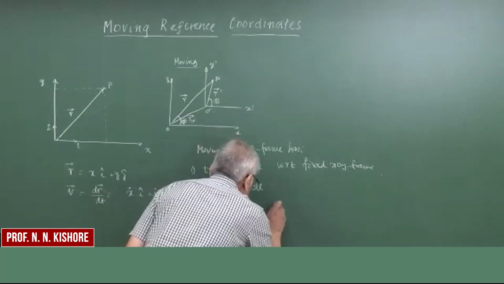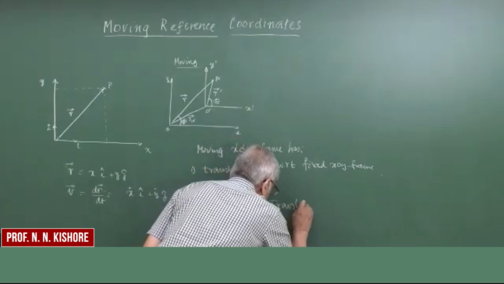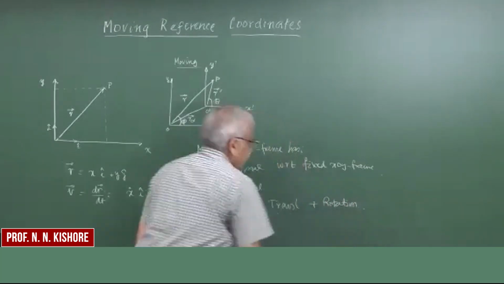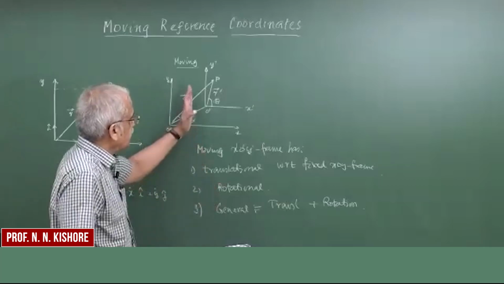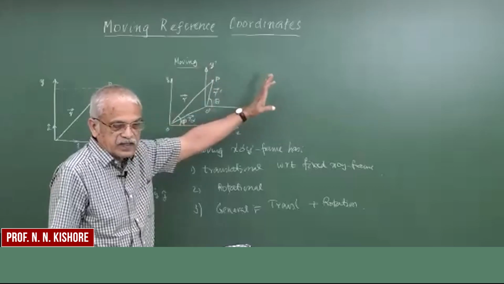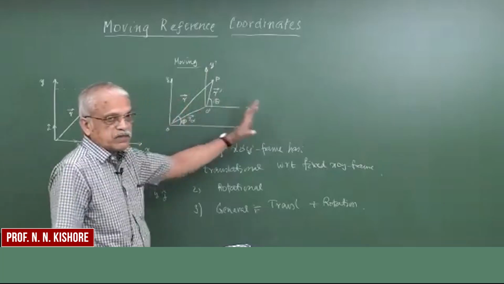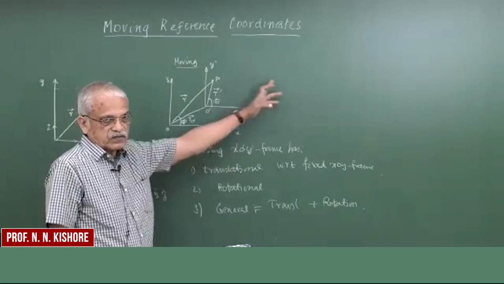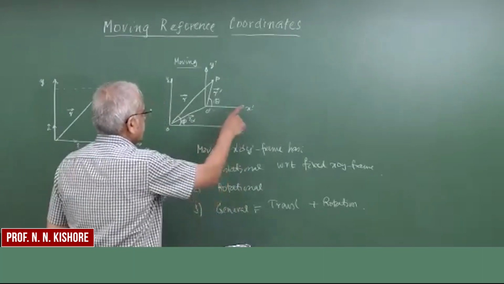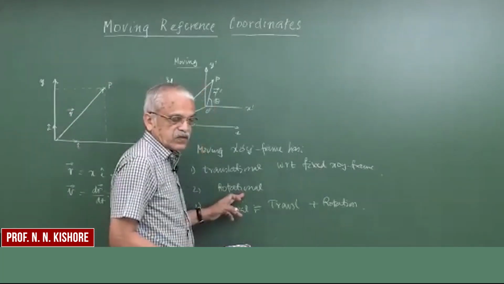So this frame O prime x prime y prime may translate in the sense that the x prime y prime axes remain parallel while the frame is taking another position. While it is rotational in the sense that if you have x prime y prime, it is going to rotate.